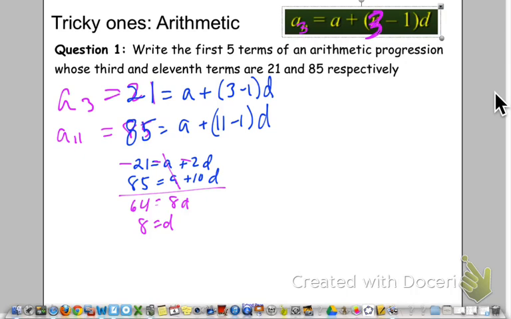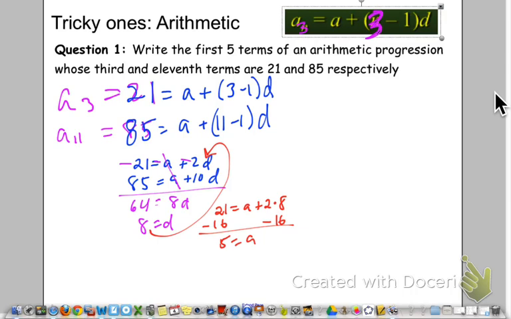And then to go back and find a, I'm going to plug it back in here and get 21 equals a plus 2 times 8, which is 16. Subtract that from both sides, and that gives me 5 for a.